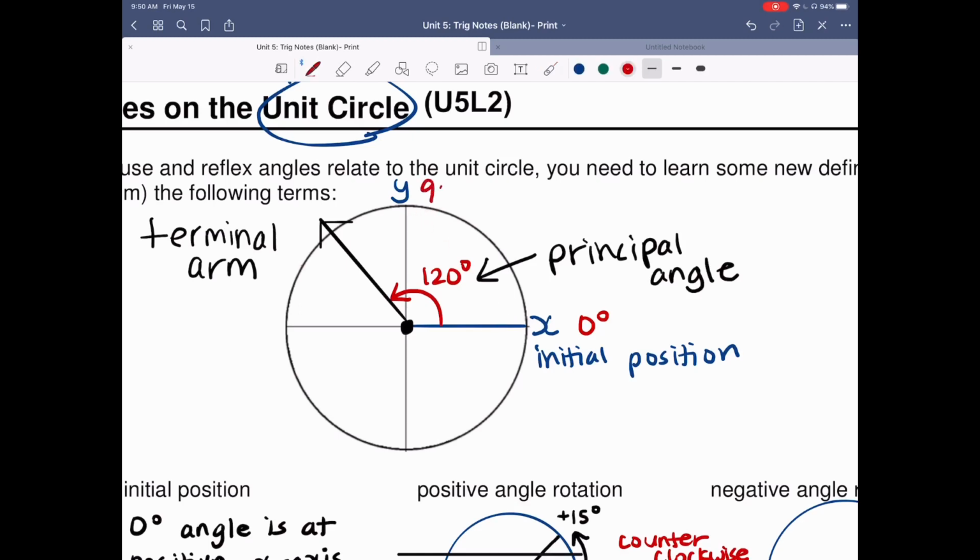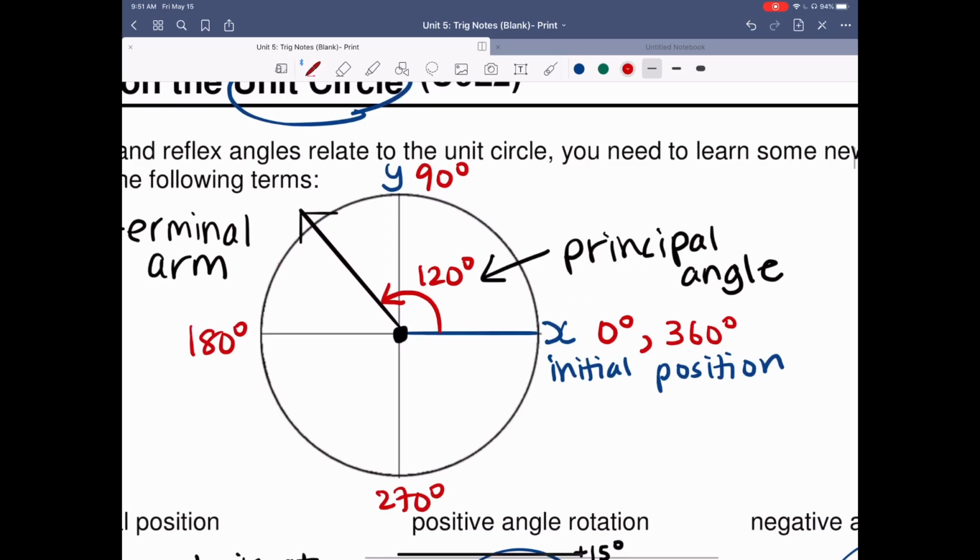It's 90 degrees. Here to here, another 90 degrees. So 90 plus 90 is 180 degrees. And then you add another 90. 180 plus 90 is 270 degrees. And if you make a full circle, you could also say it could be represented by 360 degrees.